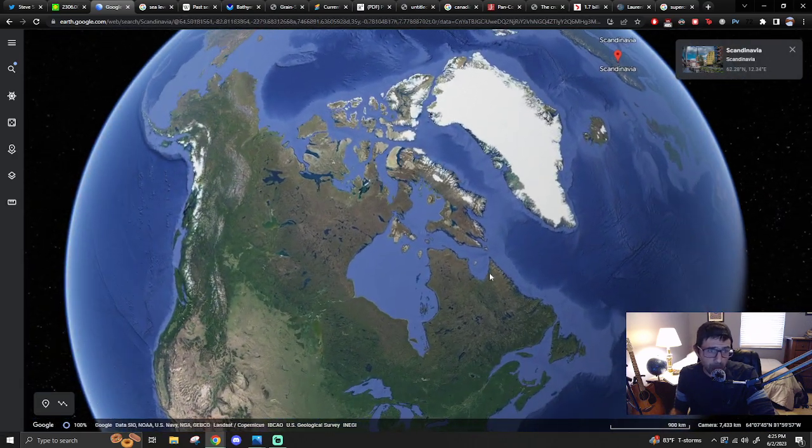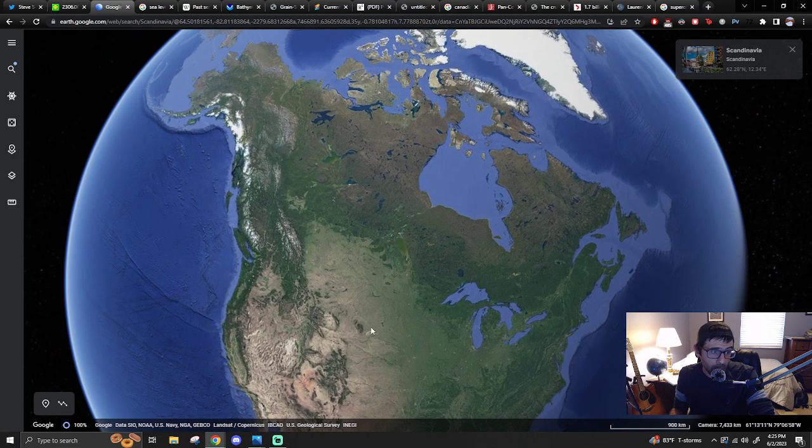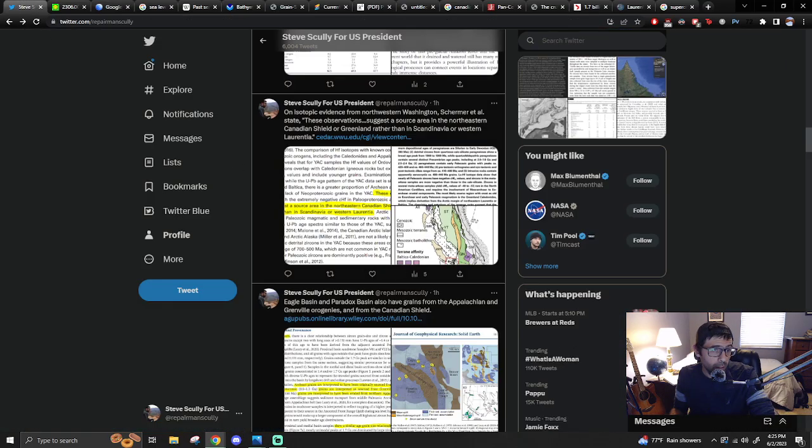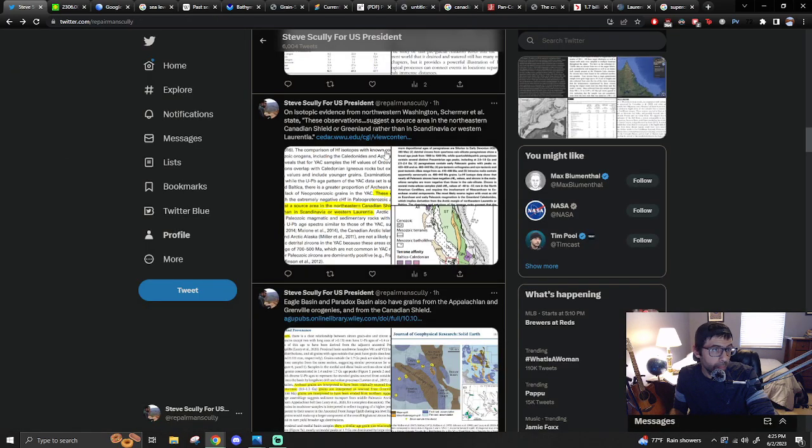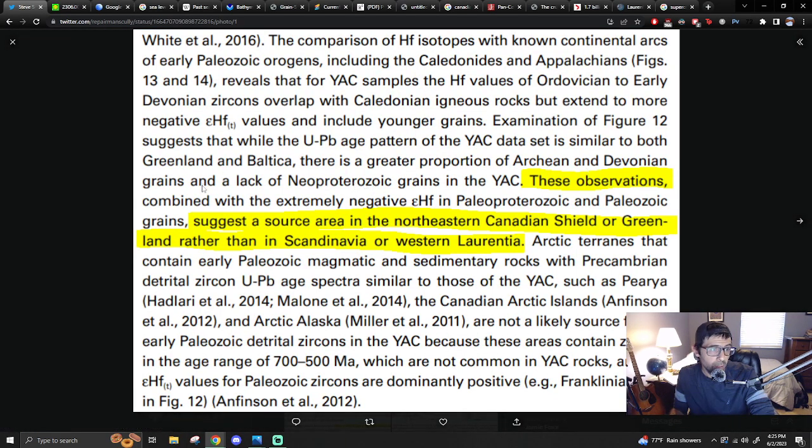But anyway, so there's zircons from somewhere over here in Washington. These observations, combined with, which they're talking about here, combined with extremely negative hafnium, whatever that is, in Paleoproterozoic and Paleozoic grains suggest a source area in the northeastern Canadian Shield or Grenville.